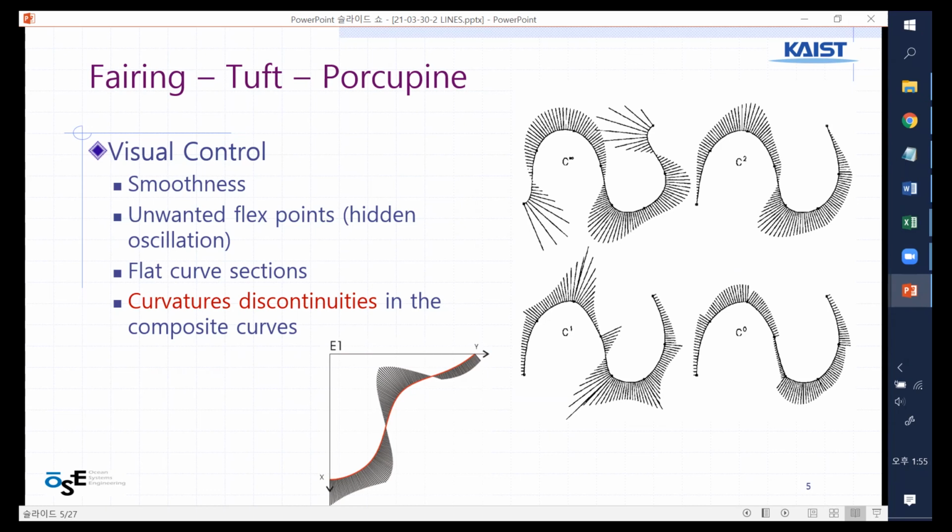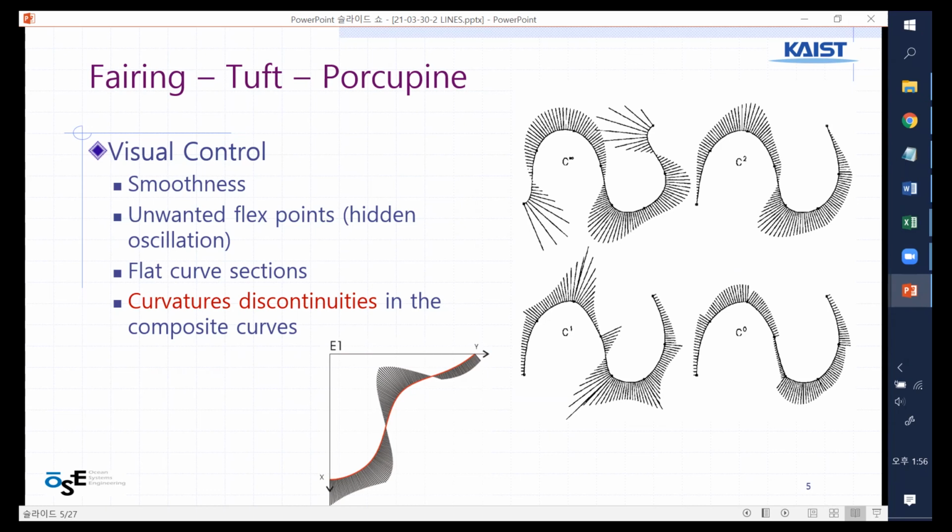Also, think about the surface of a steam turbine or gas turbine blade. That should be a C2 surface. Otherwise, the hydrodynamics is not good, so the efficiency of the turbine is very low. That's why engineers from the beginning have been keen to develop and design C2 surfaces and curves.